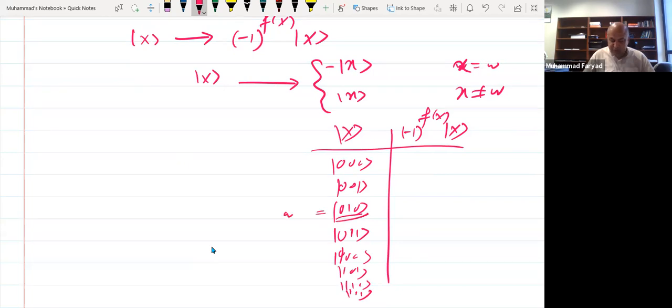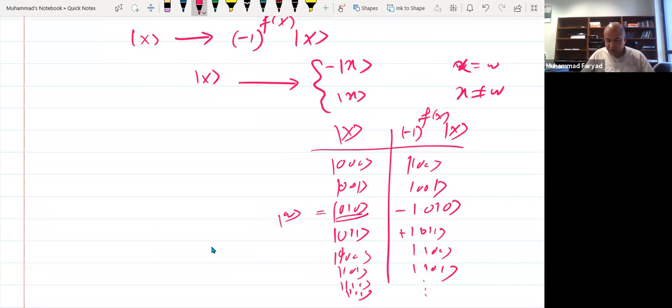This is your W, suppose. So then this is plus for 0 0 0, this is plus for 0 0 1, this is minus for 0 1 0, this is plus for 0 1 1, all others are plus. So only one element is getting the phase.